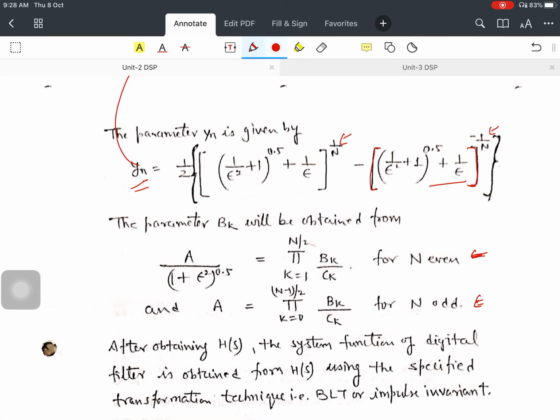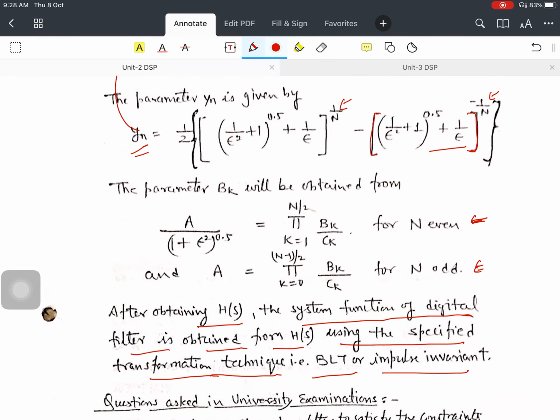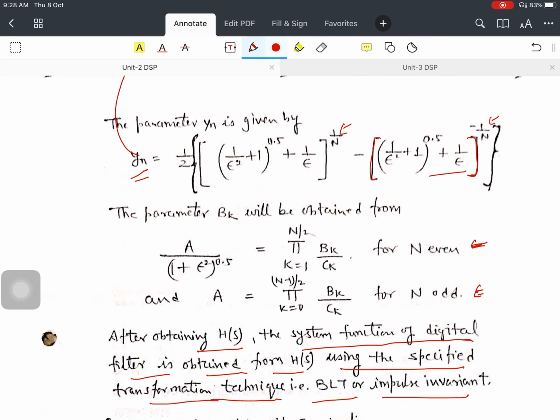Now, after obtaining H(s), the system function of the digital filter is obtained from H(s) using the specified transformation technique, that is, it can be bilinear transform or impulse invariant. So this is the whole process for calculating H(s).